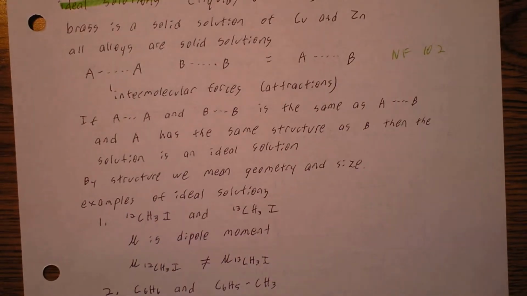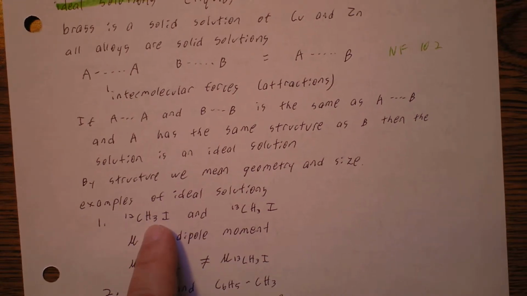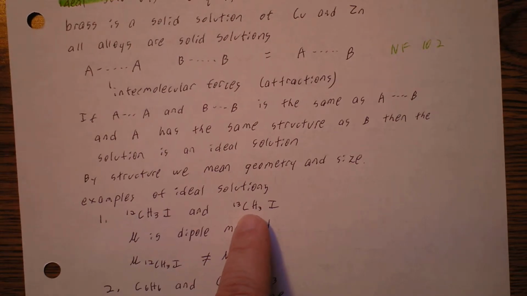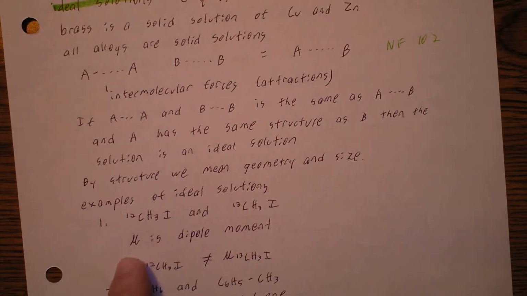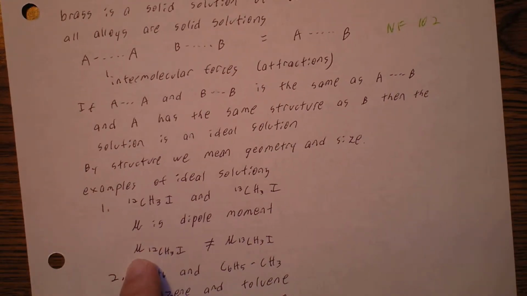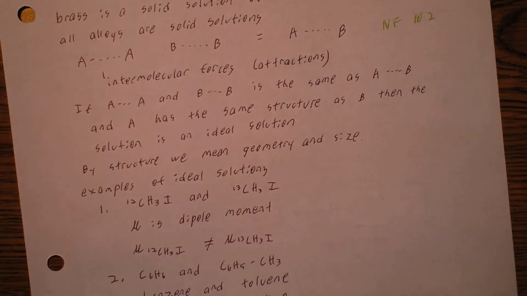So for examples of ideal solutions, let's say we have iodomethane with carbon-12 and iodomethane with carbon-13. Now in this case we're going to say mu is the dipole moment, not the chemical potential or anything. Then we'll say, okay, the dipole moment of the iodomethane with carbon-12 is not really the same as the iodomethane with carbon-13, but it's pretty close.